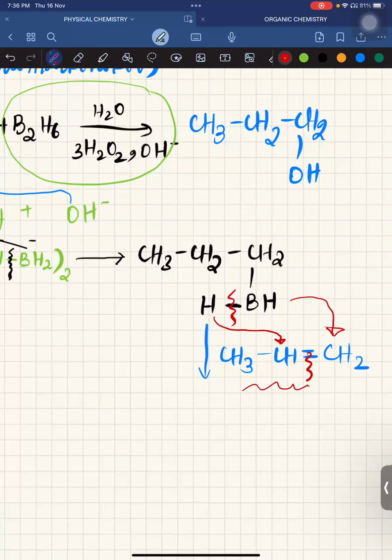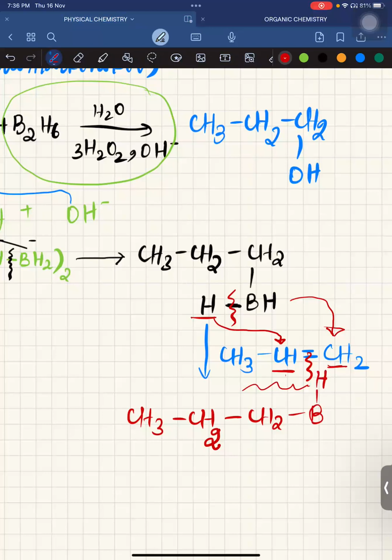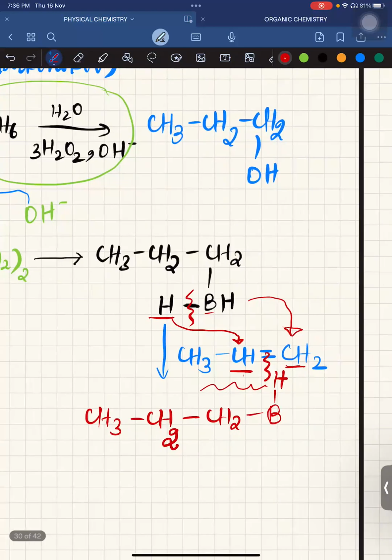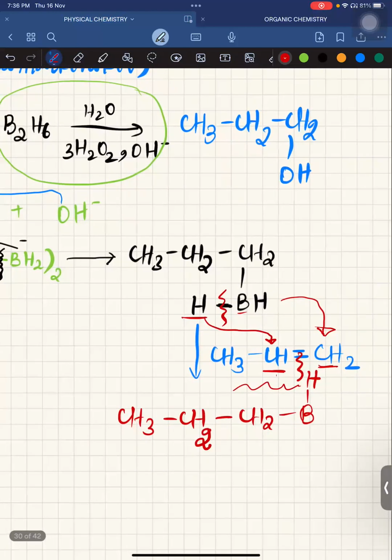First, I'm going to write this: CH3, CH and CH2. This CH will be added with this black hydrogen, it becomes CH2. And this CH2 is attacked by BH. B is connected with CH2, CH2, CH3. So I can write CH2, CH2, CH3. Yes or no? Is there any problem?